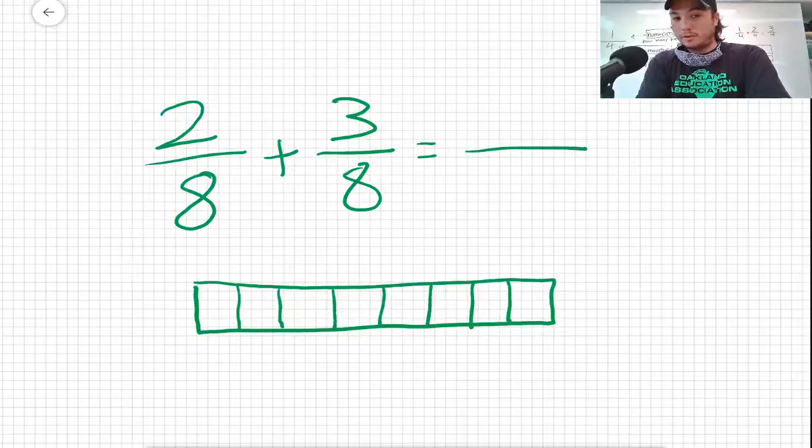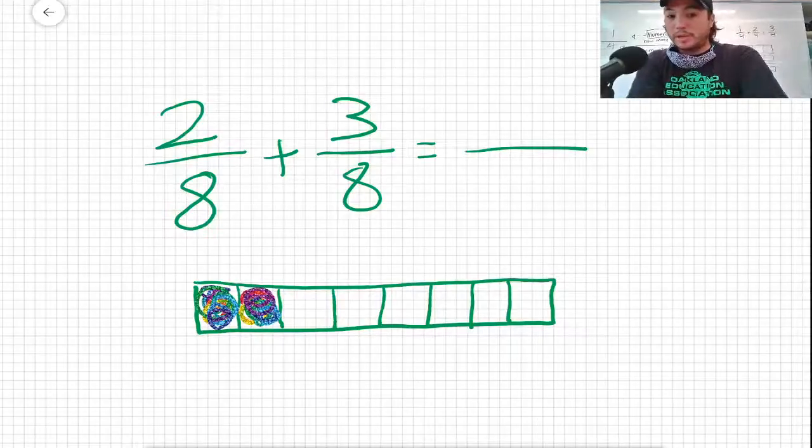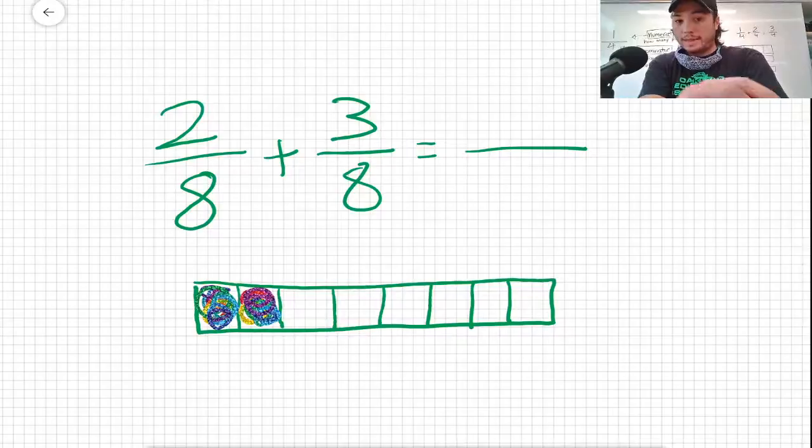Okay, so if I shade in 2/8, I'll use the rainbow pen for this. There's no harm in that. I'm going to shade in 2/8, and then I'm going to add my 3/8 to it. Remember, because our pieces are the same size, we can add them together.